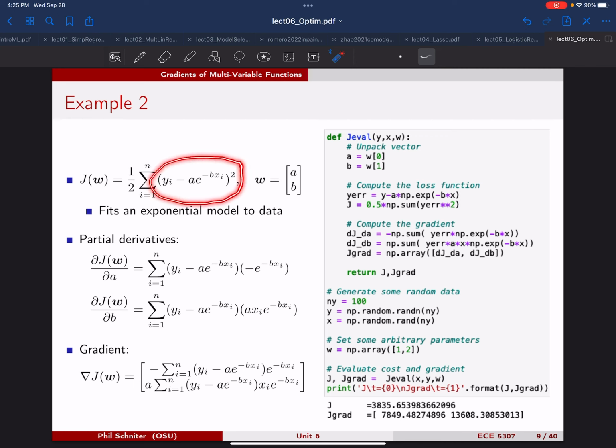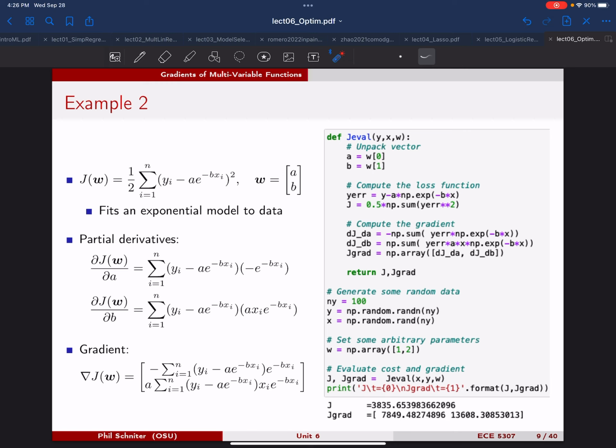Using the chain rule, we get 2 times this stuff here times the derivative of this inside stuff with respect to a. For that, the yi goes away, and you get minus e to the power minus b xi. Okay, so we applied the chain rule to compute this. Is everybody good with that?